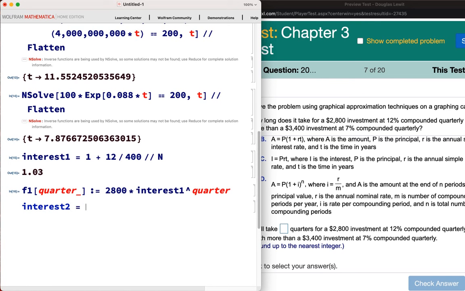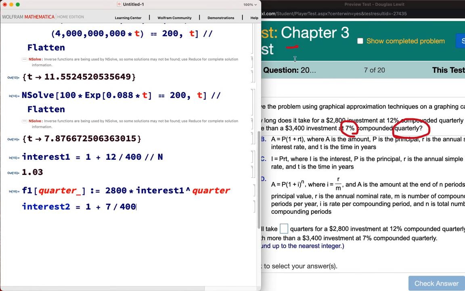Interest 2 is equal to 1 plus 7 divided by 400, or 0.07 divided by 4. It's the same thing. And remember, why am I dividing by 100? Because I have to change the percentage into a decimal. And then I'm dividing by 4 because the interest is quarterly.